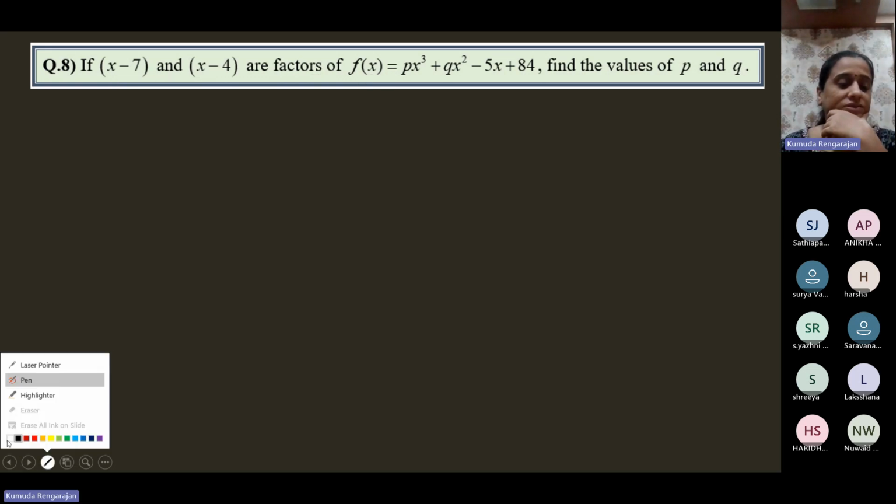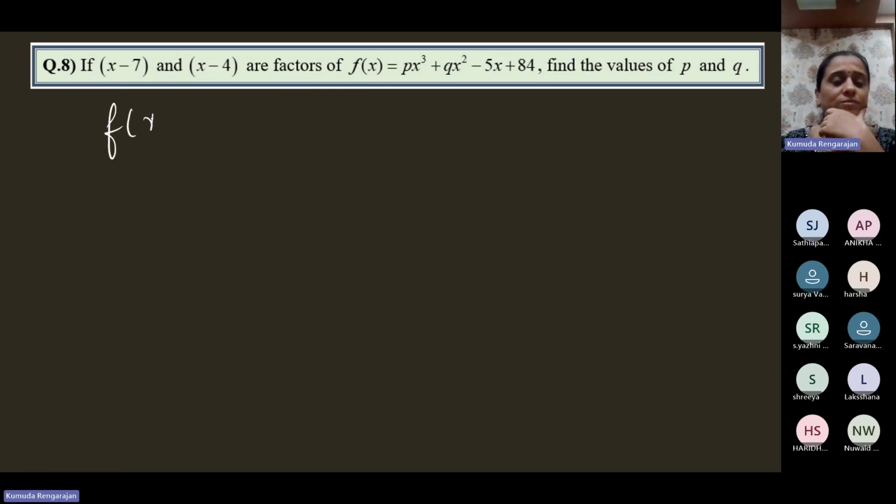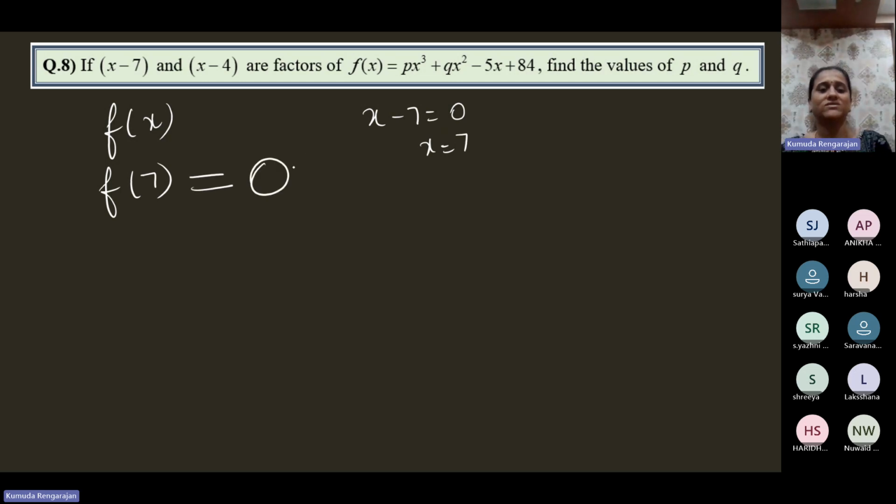So f of x is the dividend polynomial. Okay, x minus 7 is the divisor polynomial equated to 0, so you have x is 7. How do you find the remainder? You must find f of 7. F of 7 is the remainder. But what's the remainder? 0, because you're dividing by the factor x minus 7.